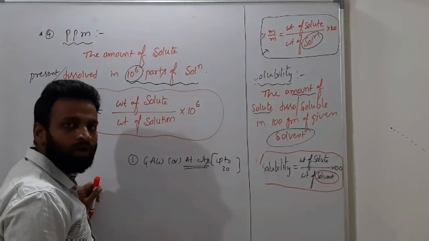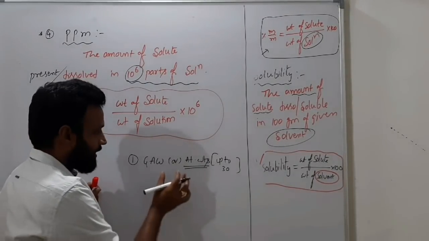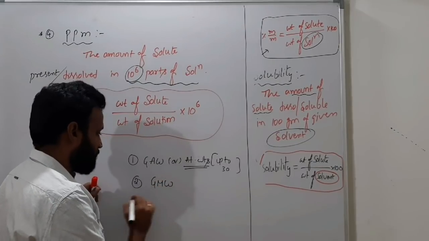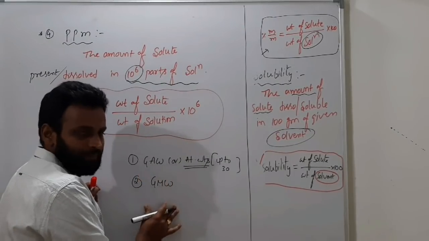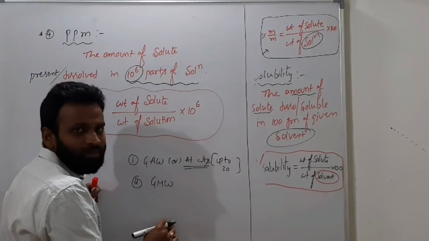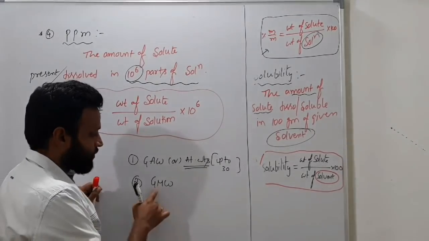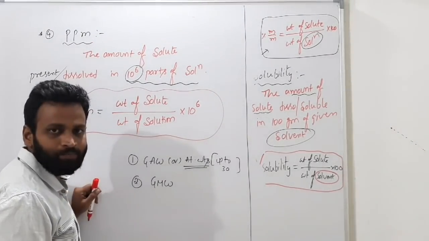Okay, gram atomic weights, and the second one is gram molecular weight. You must know gram molecular weights, nothing but the sum of the atomic weights of all elements. If you know the atomic weights and can add them, you can understand gram molecular weight. Suppose I want CO2 gram molecular weight.